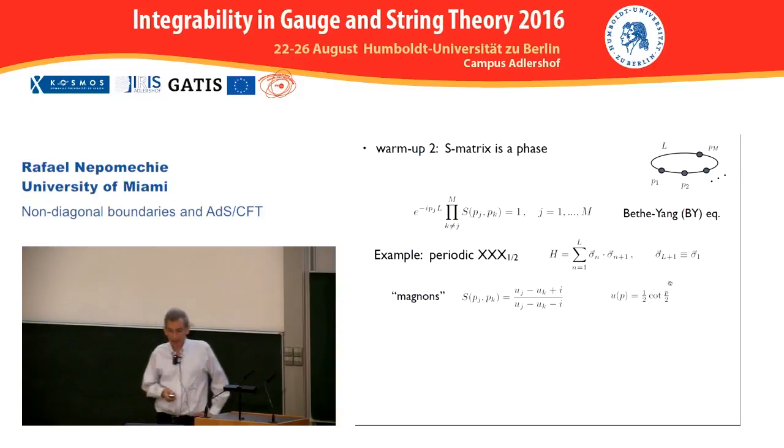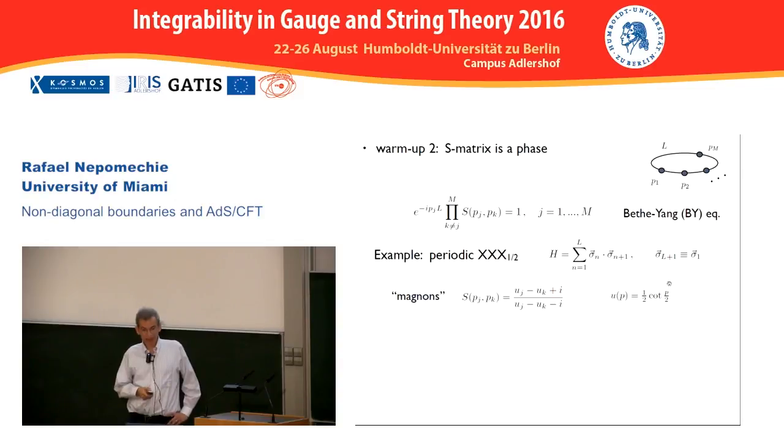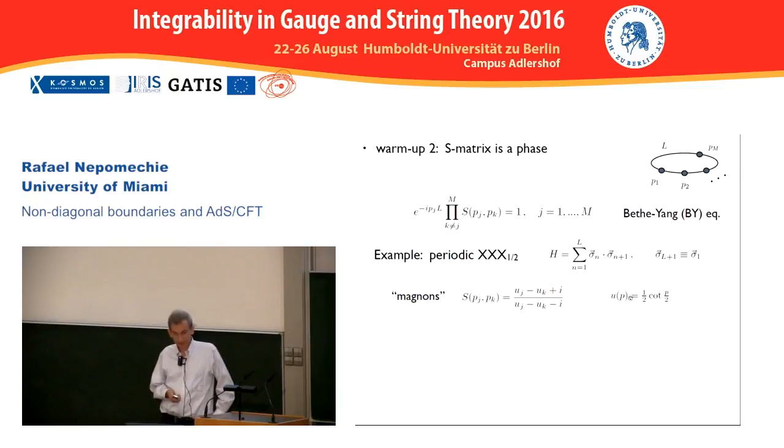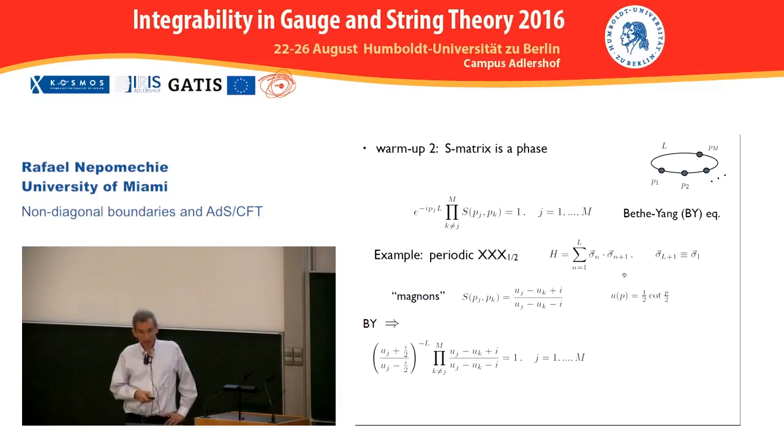Then we know that over the ferromagnetic vacuum, there are excitations called magnons, and their scattering matrix is given by this formula, where u is related to p in this way. And if you now replace this S matrix into this equation, then you arrive at this one, which is just the famous Bethe equations.